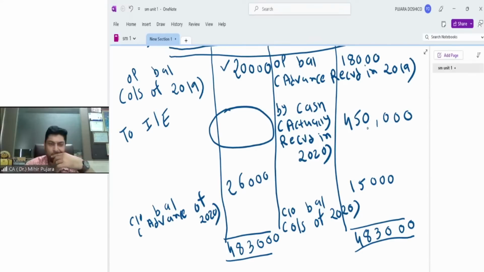So here it's a balancing figure. Done guys?